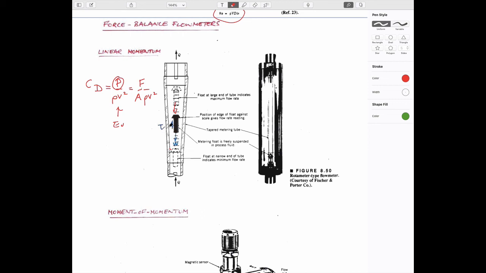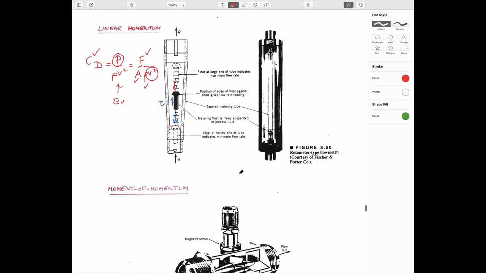It has to be equal to the weight of that bead. And so if you know this drag coefficient, which is just a number, and if you know the cross-sectional area of this, you know the density of the fluid that's flowing, the only thing you don't know is the velocity. And so you can solve for the velocity. And so that's one way of thinking about transfer of momentum from the fluid onto this static component.